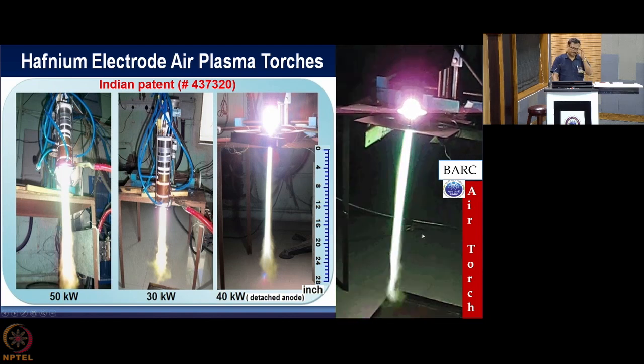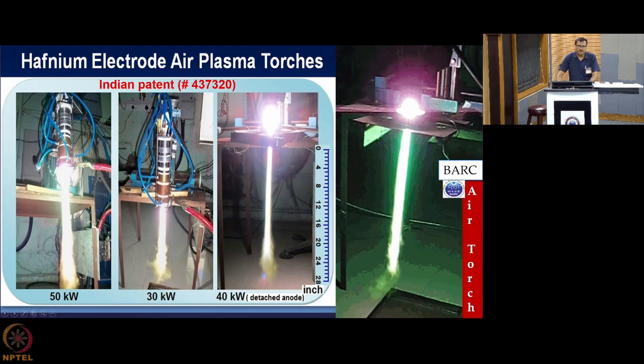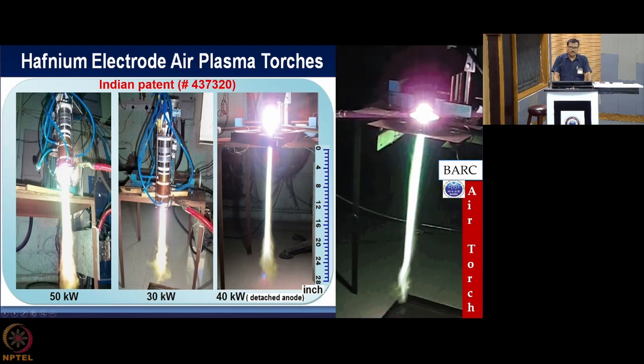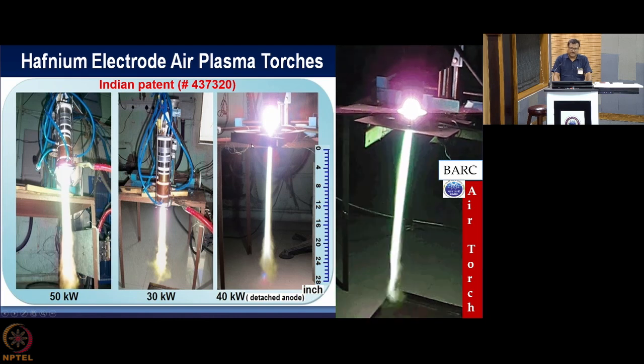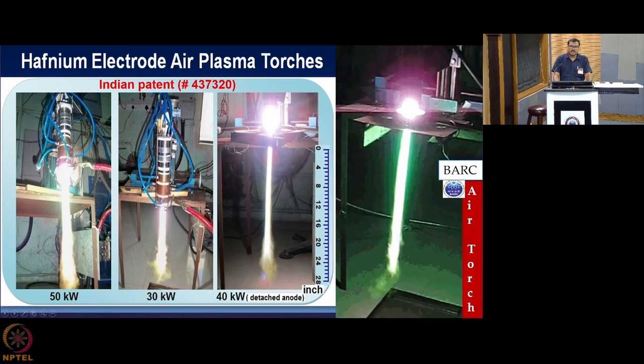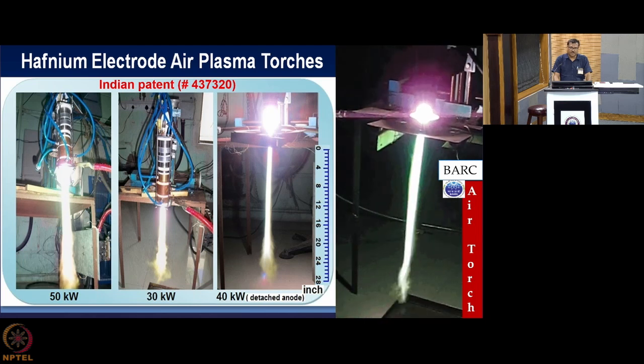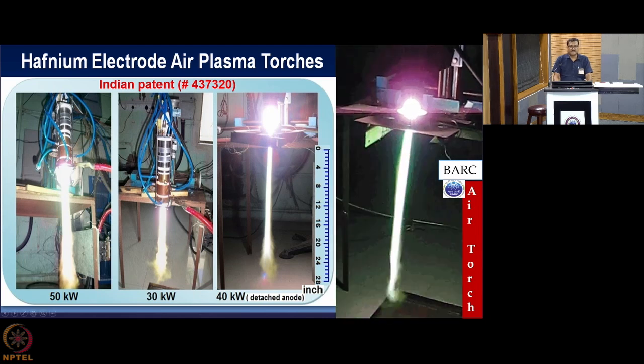seeing here. So what you learn from this video is that it is possible to generate a very large volume plasma just by understanding the electromagnetic body forces within a plasma device.